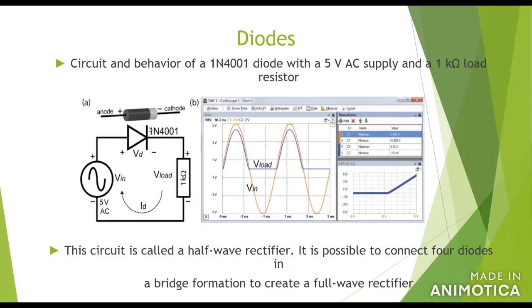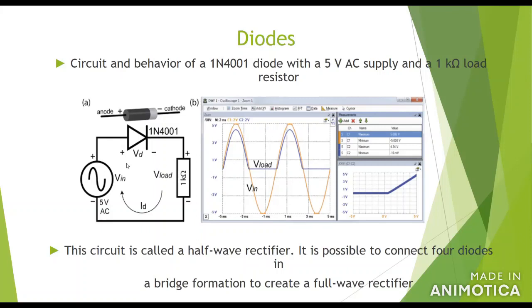However, because the diode blocks that backward current, you see 0 here. So this is the usage of a diode: it only allows current to flow in one direction. This is called a half wave rectifier.